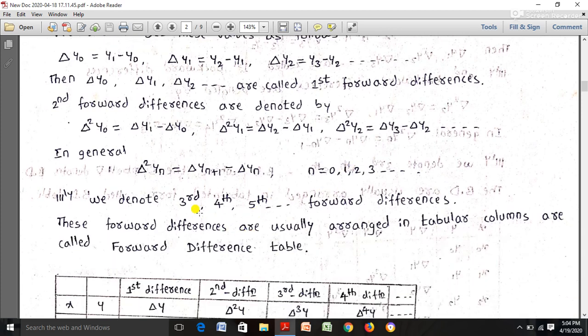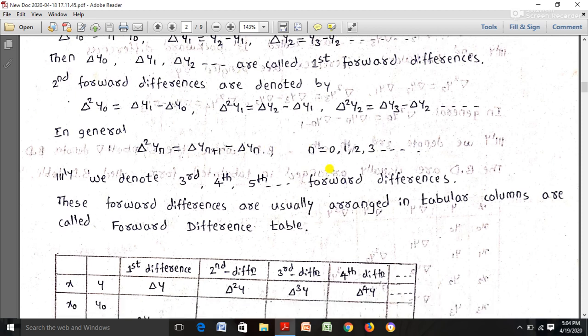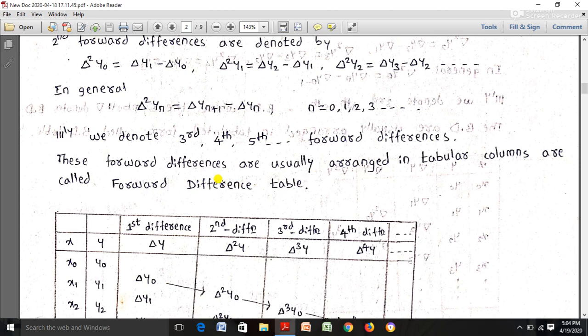In general, delta square yn is equal to delta y(n+1) minus delta yn, where n is equal to 0, 1, 2, 3 and so on. Similarly we denote third, fourth, fifth forward differences.